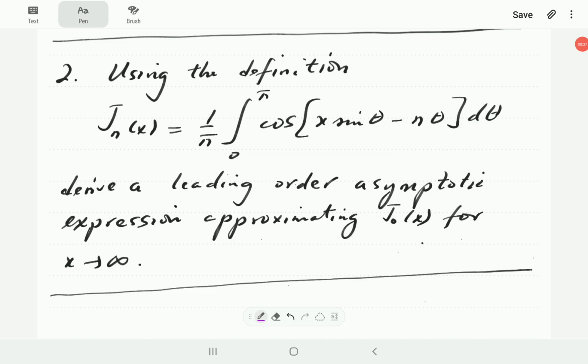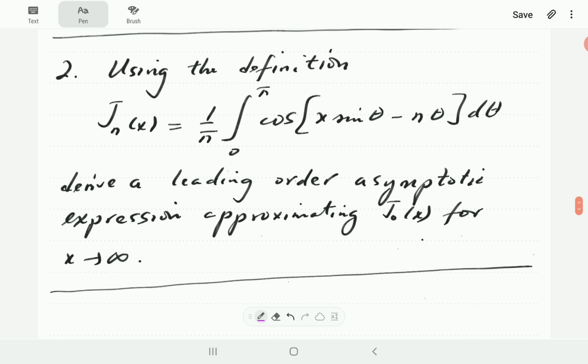All right, so in this question we're going to look at the Bessel function. So we're going to use this integral definition of the Bessel function to derive a leading order asymptotic expression approximating J naught for big values of x.